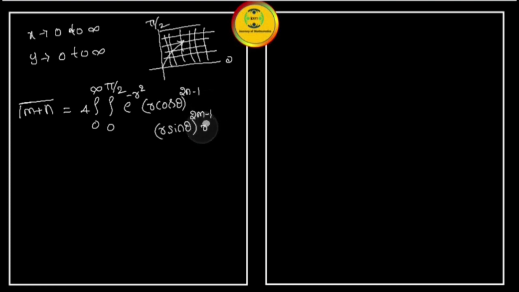Dx dy can be written as r dr d theta. So I have replaced x square plus y square as r square, x value as r cos theta and y value as r sin theta.